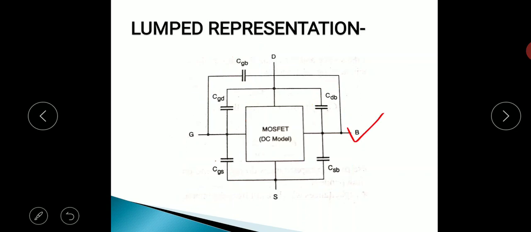MOSFET has four terminals, that is source, drain, gate, body, and this one is the capacitance between gate and body. This one is the capacitance between gate and drain. This one is the capacitance between gate and source. So these are three oxide related capacitances. This one is the capacitance between drain and body. This one is the source and body, and these two are junction related or junction capacitance.